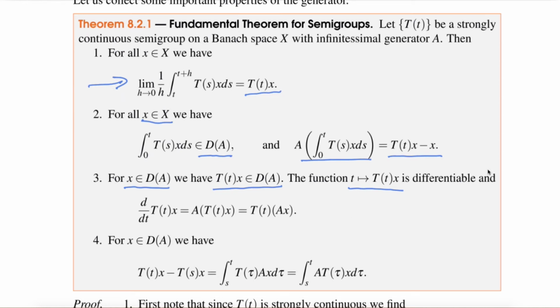So, in other words, here we have u dot equals Au. Okay, so if we start with a semigroup, we can derive a differential equation u dot equals Au so that T is the solution. And then finally, number 4, again on the domain of definition of A, we can integrate the differential equation and then we get an integrated version of the same thing.